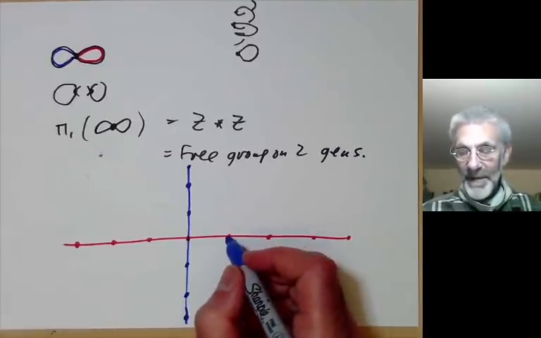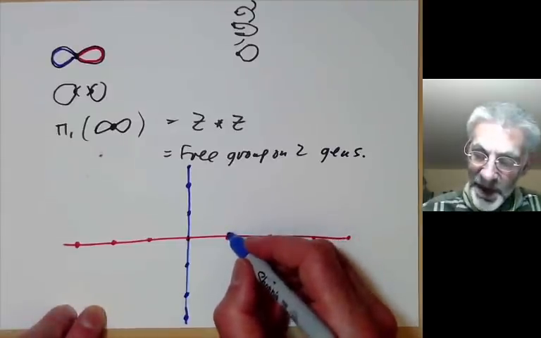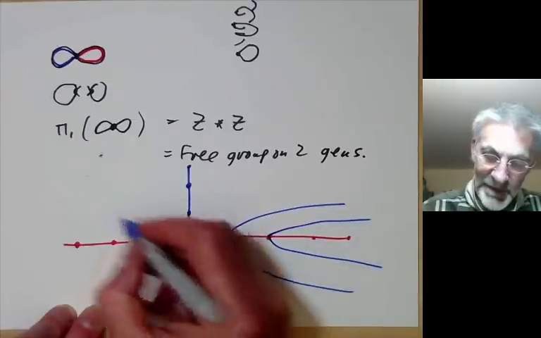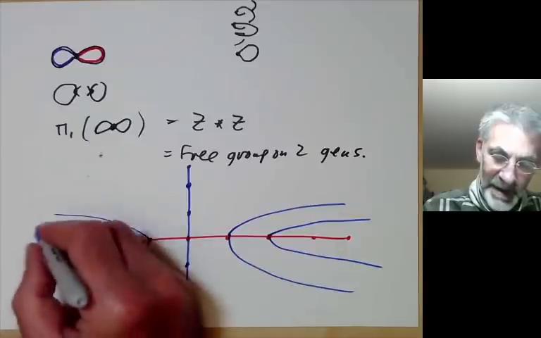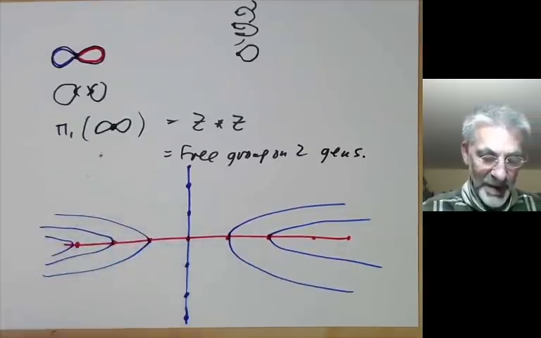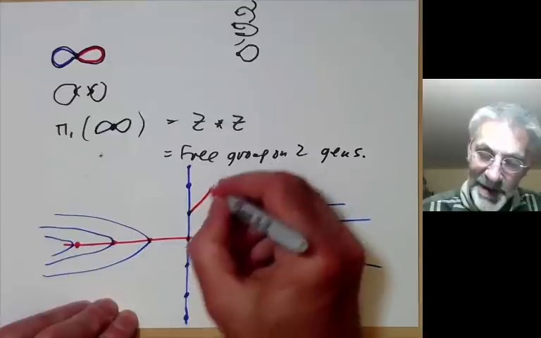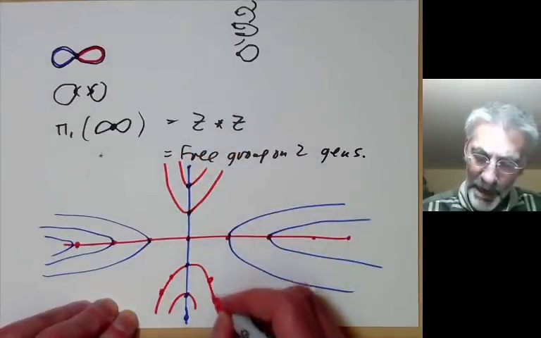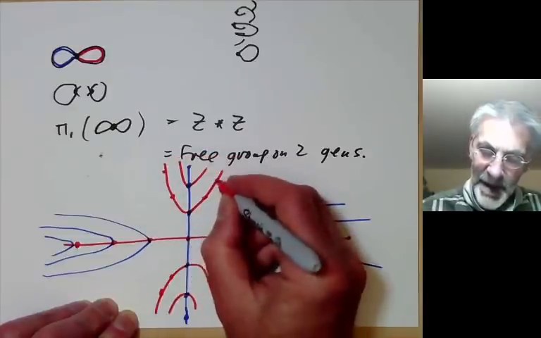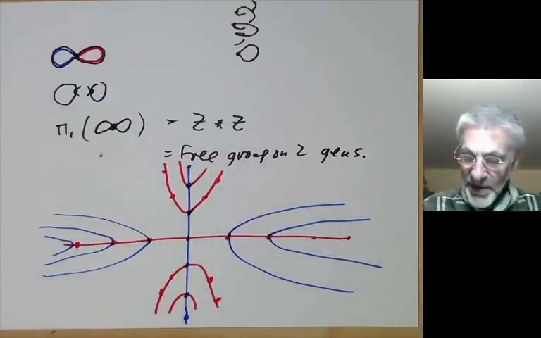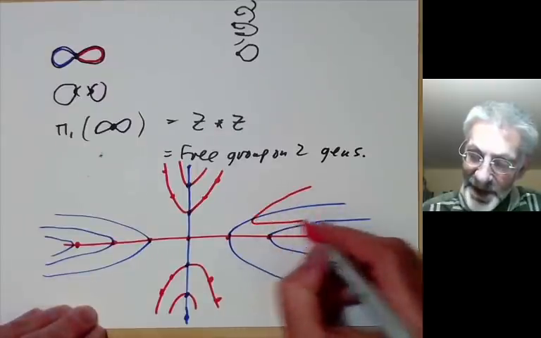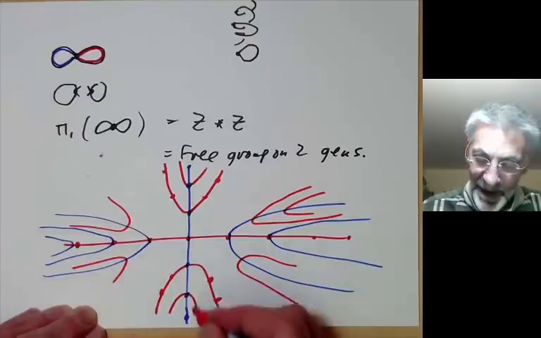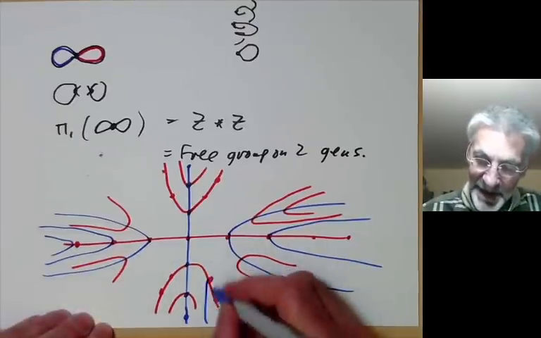But then at this point here, I can also unwrap the blue circle, so I have another copy of the blue circle going through it like this, and I'm drawing it like this for a reason that will be obvious in a moment, because I can also unwrap the red circle here and here and here and so on, so I get more bits like this. But then through each of these points I can also unwrap the red circle, so I get more red things like this.